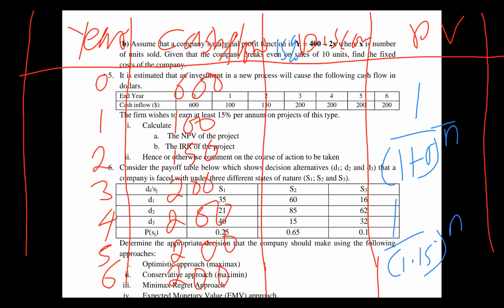This is the year when you invest your money; it's called your year 0. Can you compute 1 divided by 1.15 to the power 0? On your calculator, you write 1 divided by, open the bracket, 1.15, raised to the power 0. What do you find?